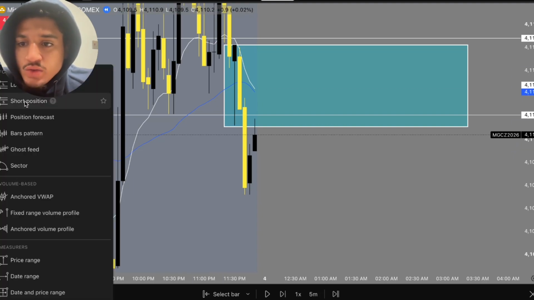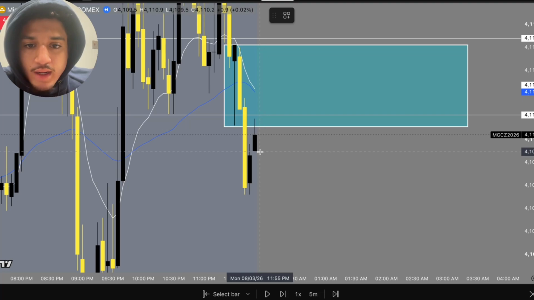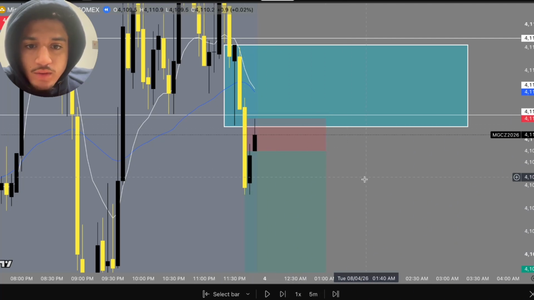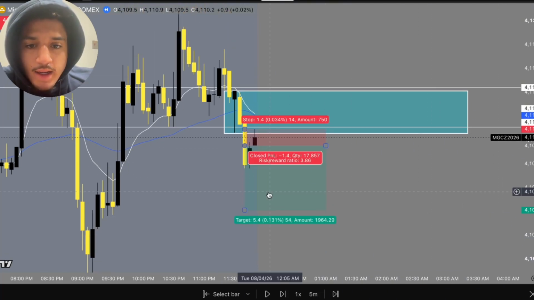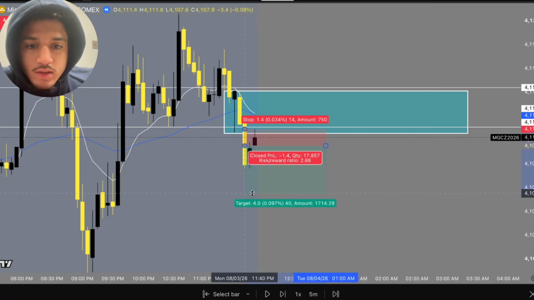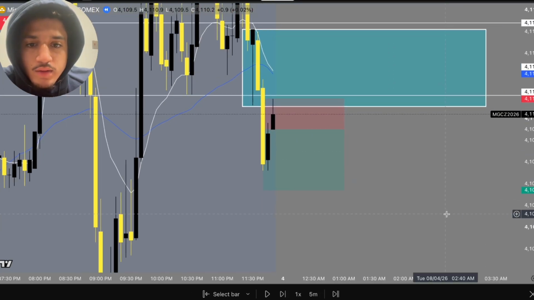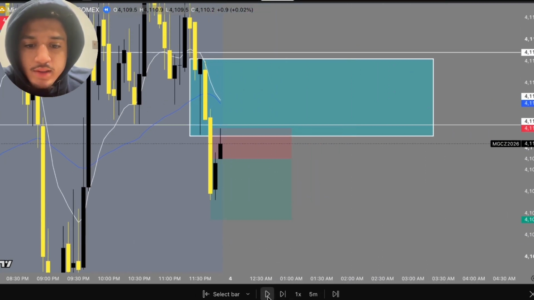Now I'm just waiting for break of candle, which would be right here. Stop loss goes at the top of the candle, and I go for a 1 to 2, which would look like that. Entering off break candle. Let's see what happens.